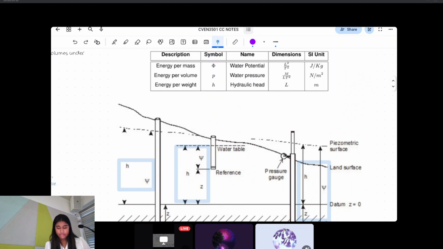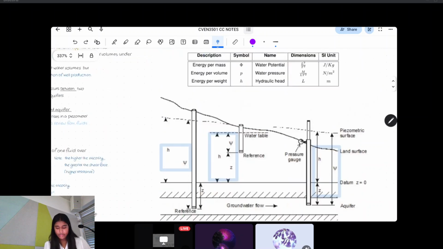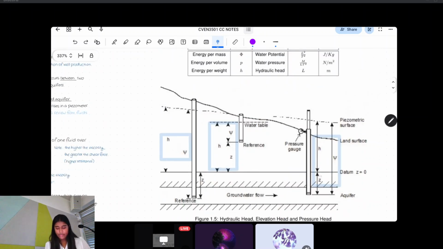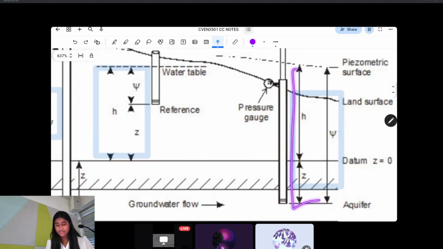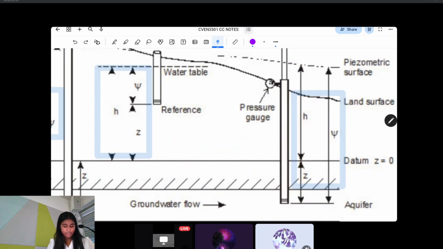So you can see here, for example, that the pressure head is equal to that elevation there, and then the hydraulic head here. So that will give you the total pressure head, which is why this is called the piezometric surface, because that's where you install the piezometer to measure the pressure overall, and those are the measurements or the values that you need to figure out in order to actually get that value.